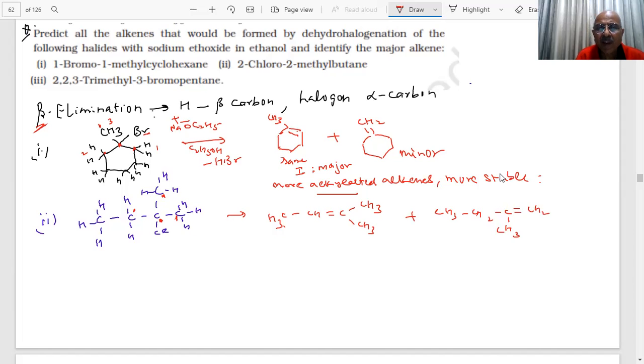So which is more stable? In this, the first one will be more stable. First one, 2-methylbutene. There are two hydrogens on this side, you can see. So if I use it, then this is the major product, students.